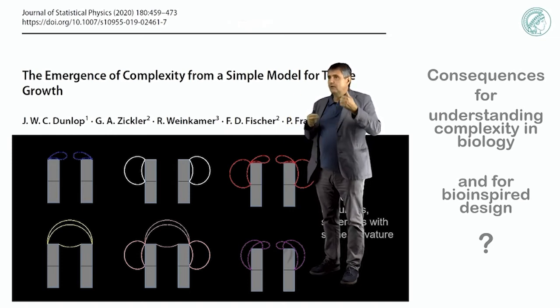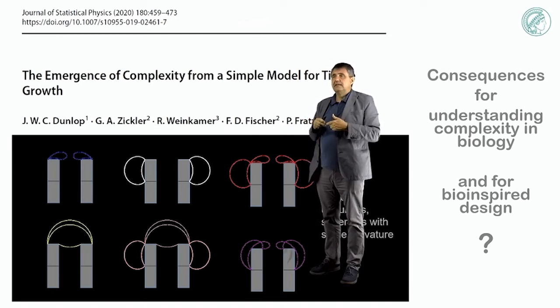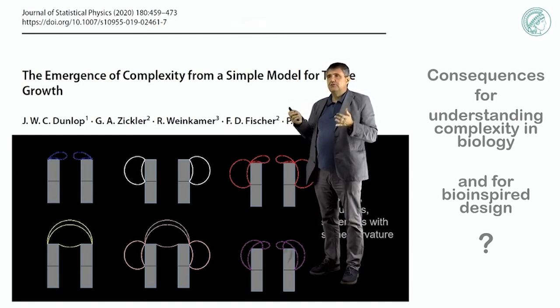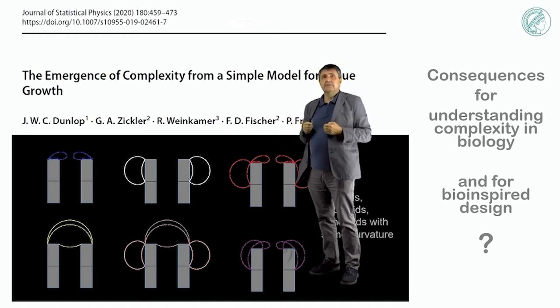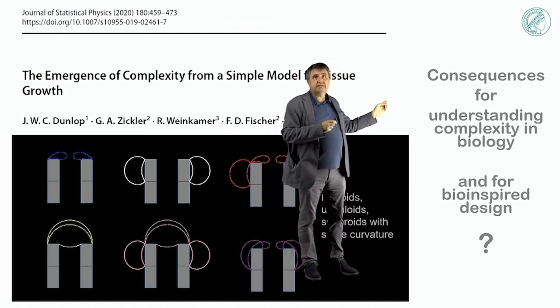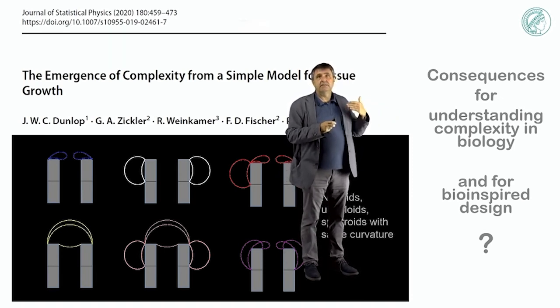And so a one-parameter model with only surface tension can give rise to a multitude of shapes just by varying the boundary conditions. And of course, that has interesting consequences, and in particular, it has consequences for understanding how complexity arises in biology.